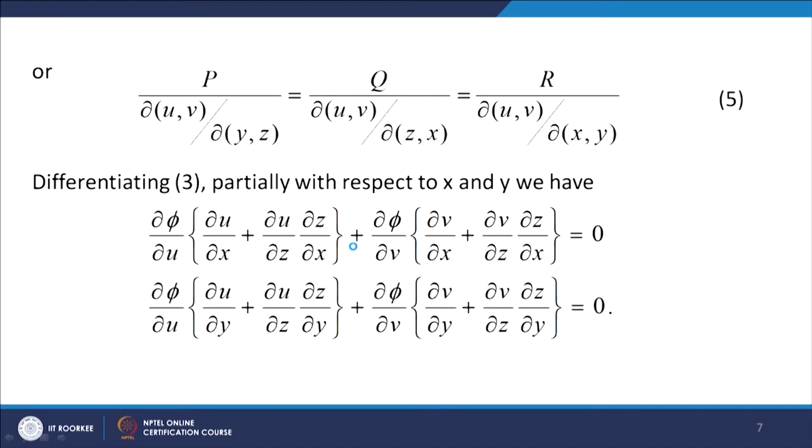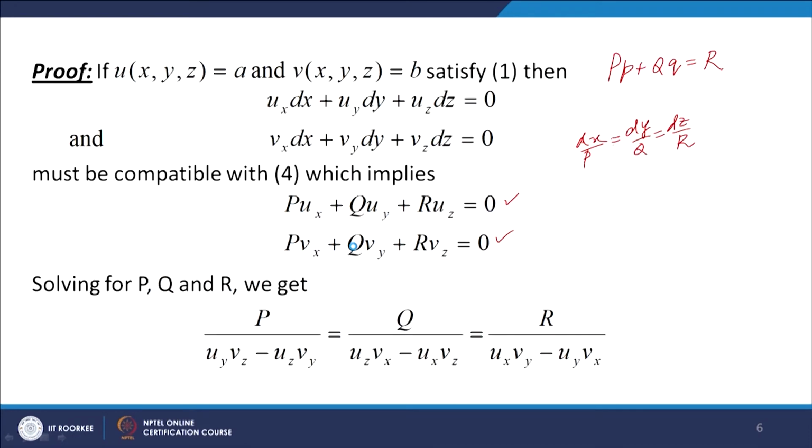Now, we can write them in the form of the Jacobian. This gives you P over the Jacobian of u, v with respect to y, z, and then the Jacobian of u, v with respect to z, x, and the Jacobian of u, v with respect to x, y.